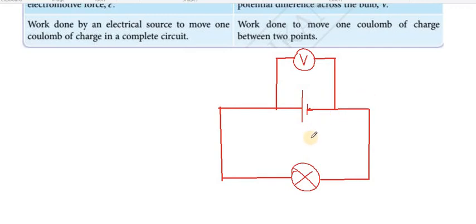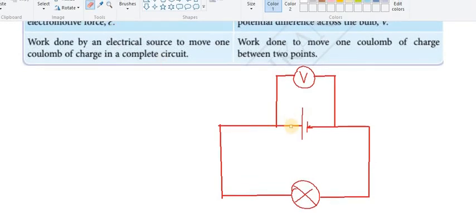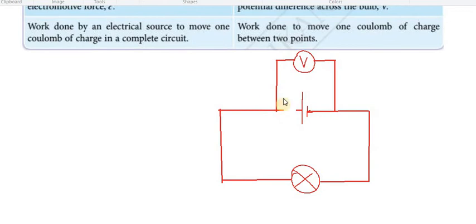Now we look at this circuit one more time. This represents the electromotive force of the dry cell. Here I draw this to represent the internal resistance.